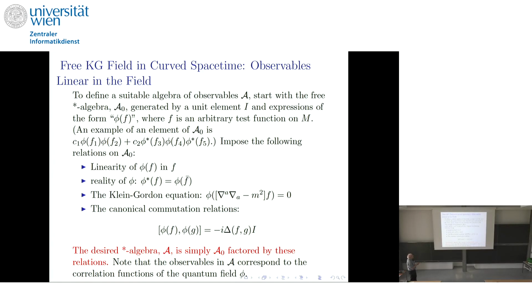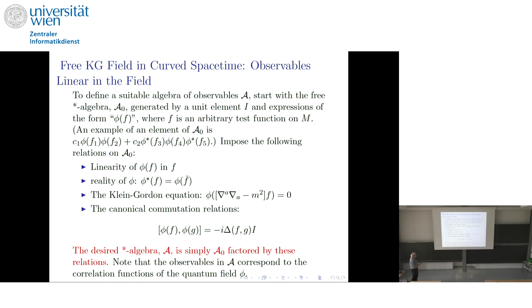The idea is that one just defines a star algebra of observables as follows. You write down the free algebra that you generate by taking linear combinations of finite products of phi's of this form together with a unit element.